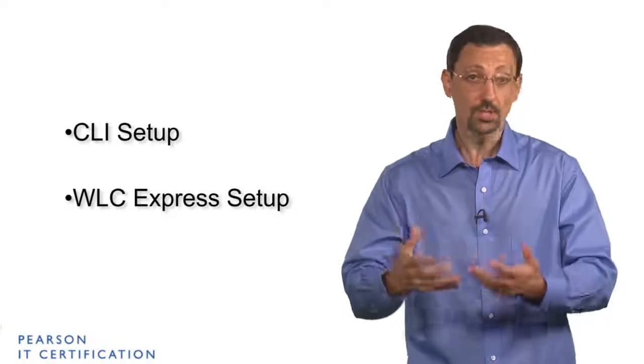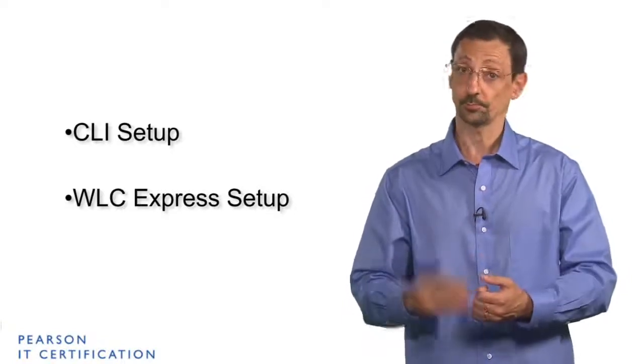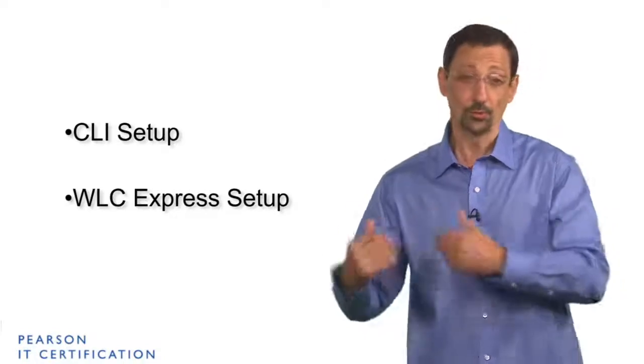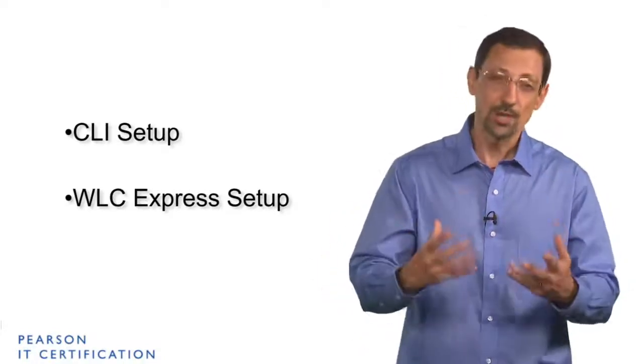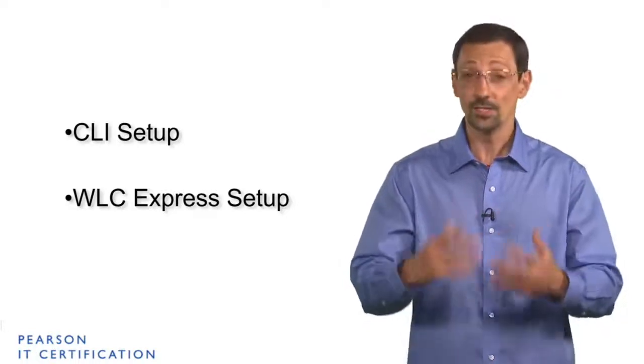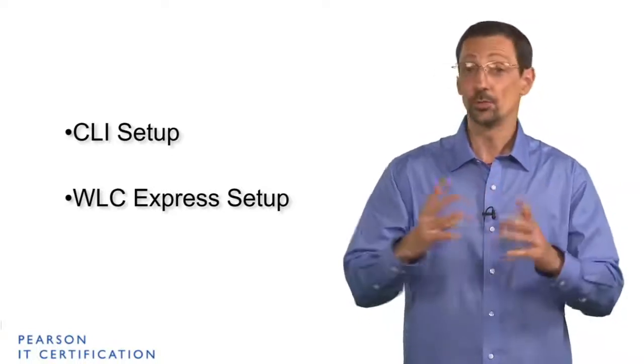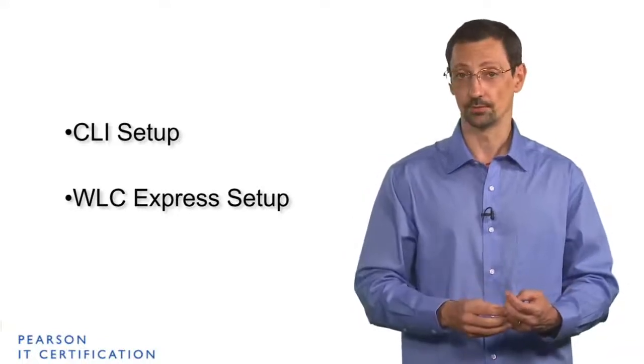That is to say, automatically enable things that we think are good in your network. Also, we're not going to ask you things which are too technical. We're going to fill this information for you. So the WLC Express setup is a great way to set up a controller in a very easy and efficient manner, because not only you don't have a lot to fill in, but on top of that, the information you put is going to automatically be the right configuration because we'll apply good practices.